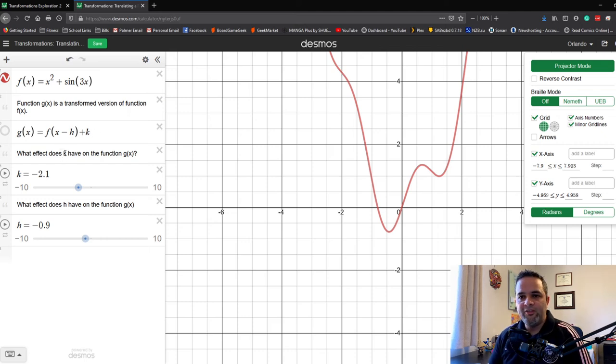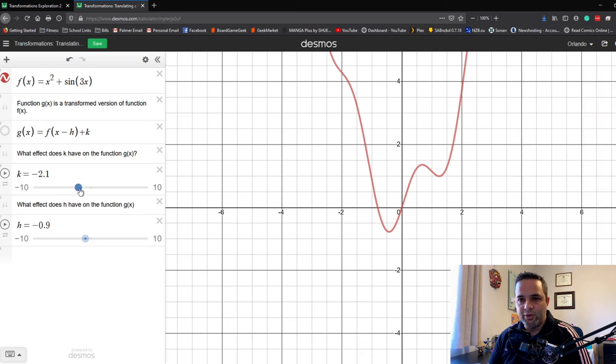So our first question is, what effect does k have on the function g of x? I'm going to set these to 0 like we had before. So g is a transformation of f. Let's first look at the k.